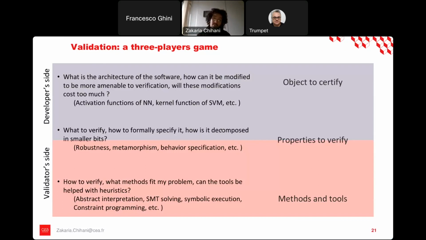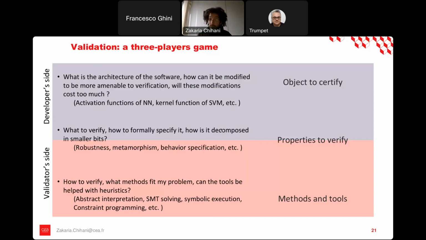And in the middle, in the interaction, we have the properties to verify. And this, from experience, is where 80% of the interactions take place, because the partners that come have an idea of what they want to verify, the specification that they want to verify. But that specification is written in human language, so it's not immediately graspable by a computer tool.